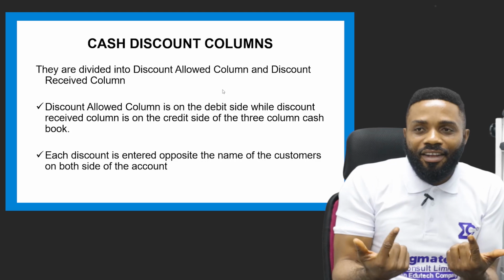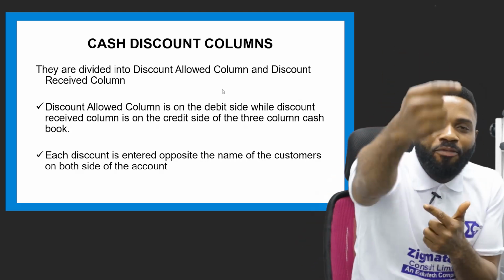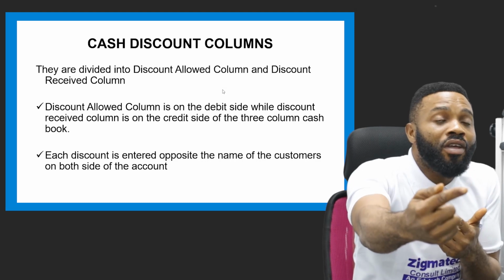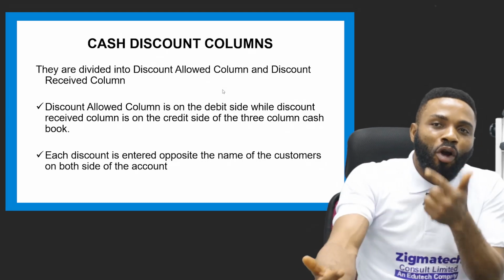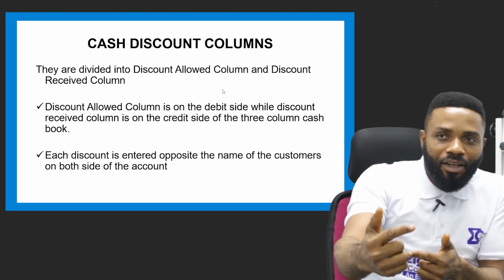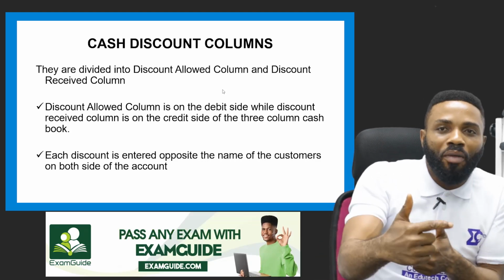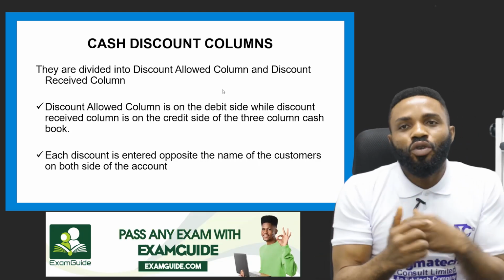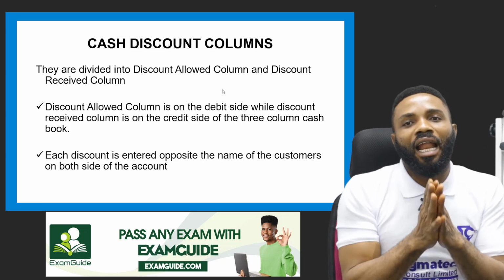If you are selling, you have to buy from somebody. And even if you are not buying it for consumption, as you are buying from somebody, somebody will come and buy from you. So when you go to the market to buy, you receive discount. And then when you sell to your customer, you give what? Discount. So that's where discount allowed is on the what? Debit side. And discount received is on the credit side.